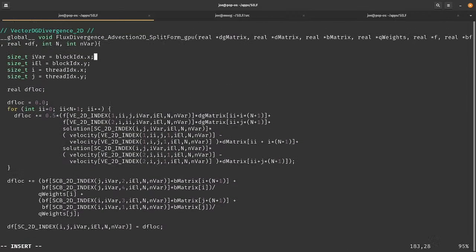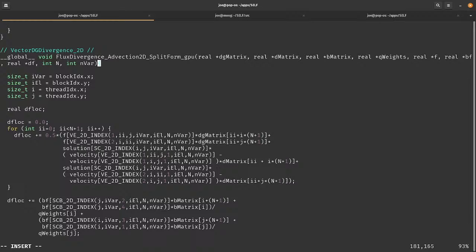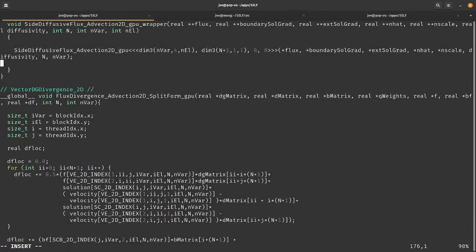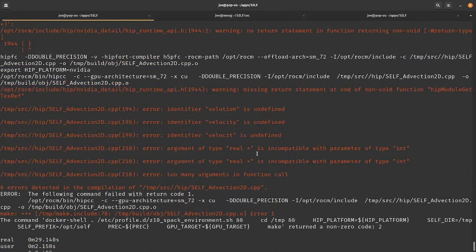That's an easy one. Oh, I did not add those to the interface. That would be why. So what was it? It was F, then solution, then velocity. Okay. So let's do that. F. Give that another go. Almost done here.